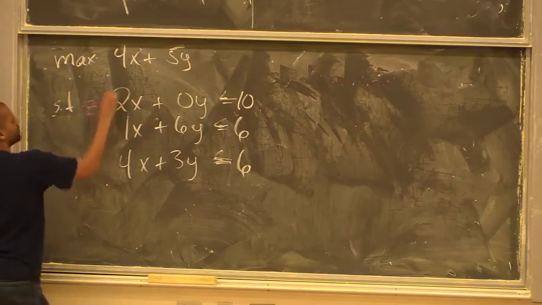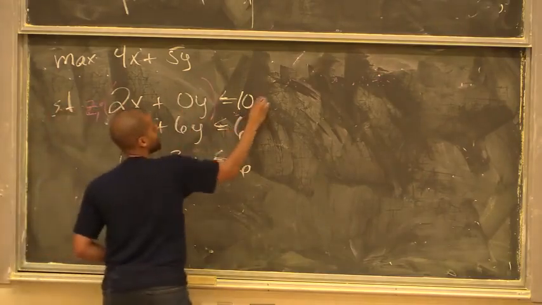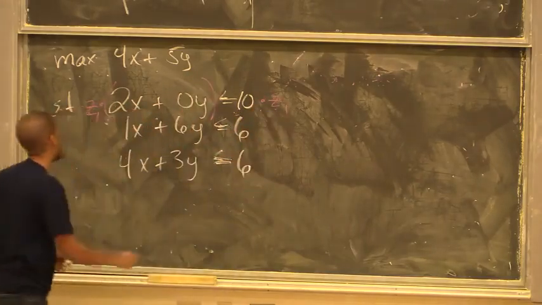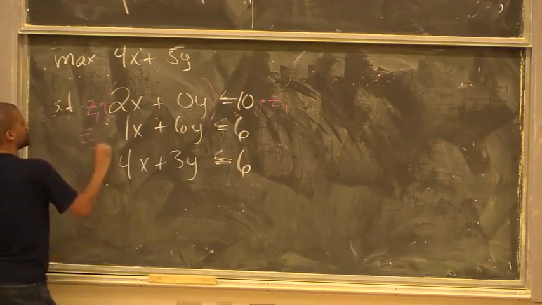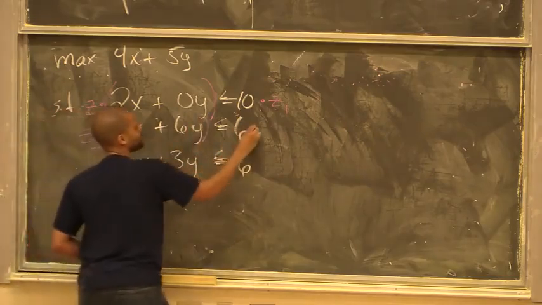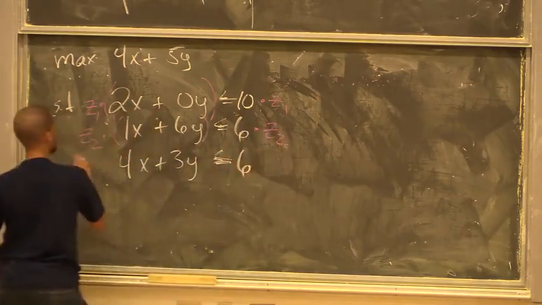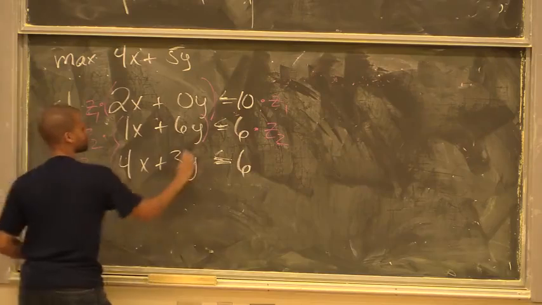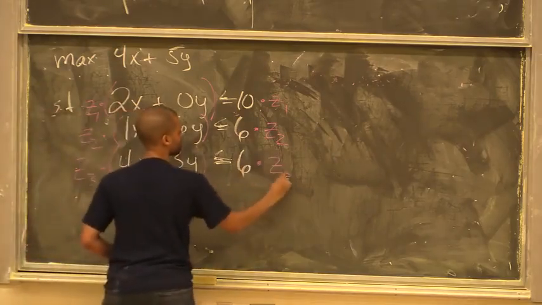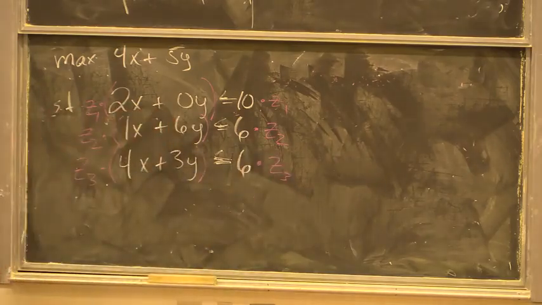So I multiplied this by z1 and this by z1. And I did the same thing here. I multiplied both sides here by some z2, and these sides both by z3. And then I added it up.